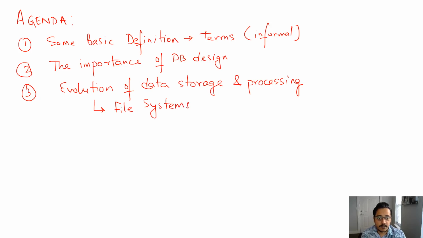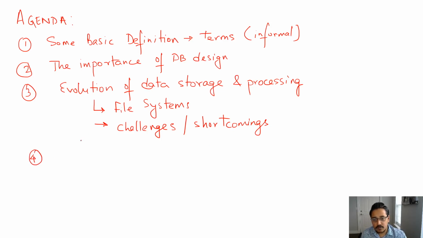Okay, how they used to store the data and what were some of the challenges or shortcomings that were faced by these file systems. So once we understand those shortcomings, we will introduce ourselves to database systems.